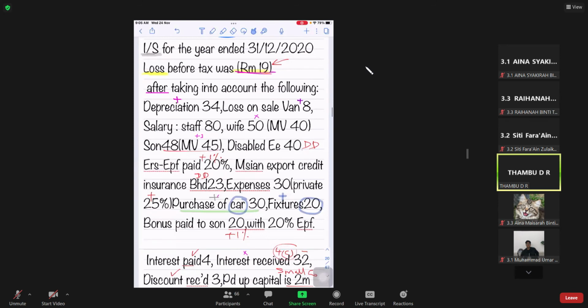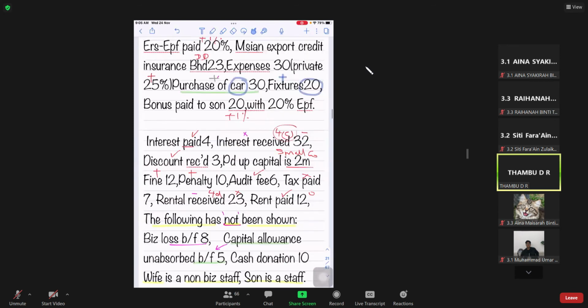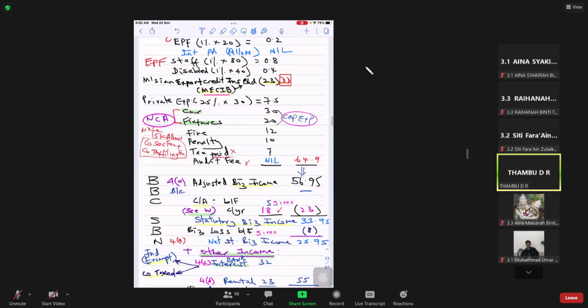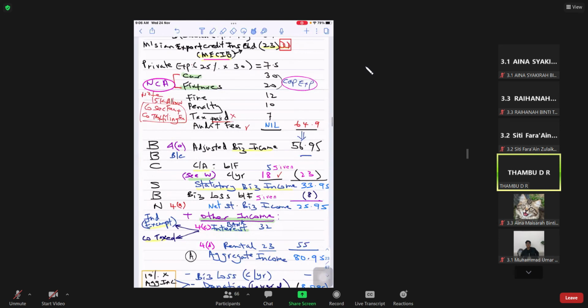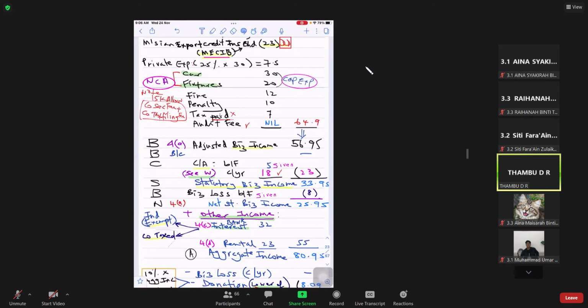Interest. Along interest tax, we assume that is bank interest. Interest, individual exempt, company taxed. Rental, this is rental income. Bank interest 4C, rental income will go under 4D. So this is your other income.